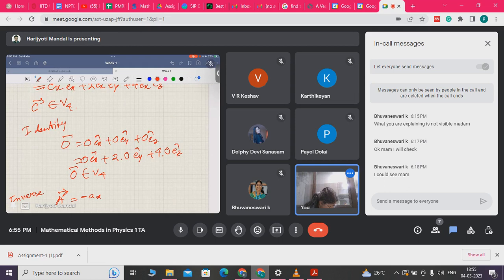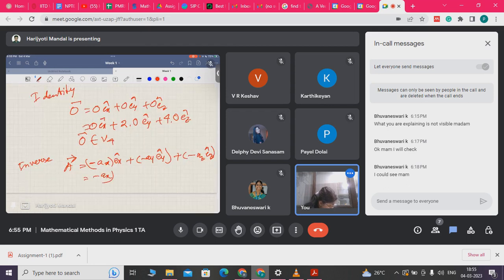Let's take the inverse of A. It will be minus ax ex minus ay ey minus az ez, which is minus ax ex minus 2ax ey minus 4ax ez.